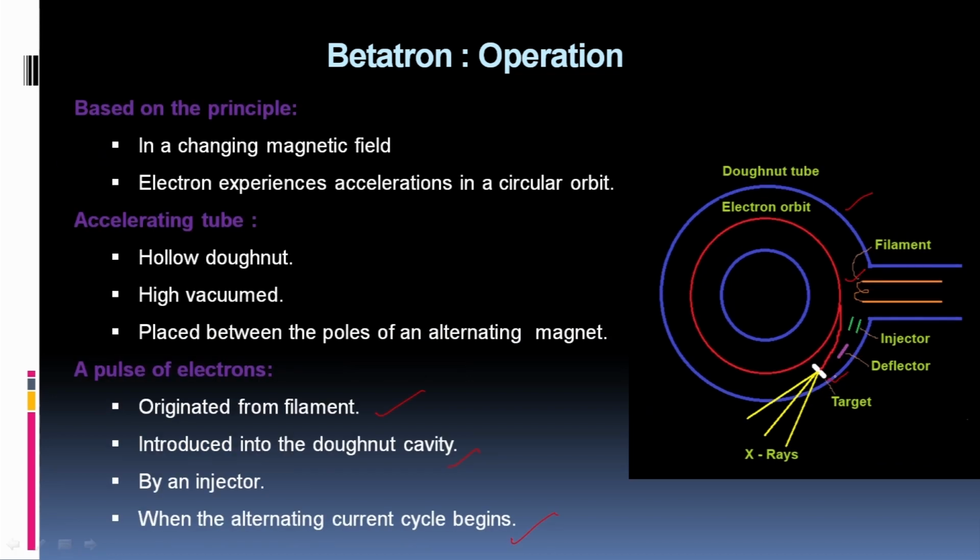So in the betatron, by principle, in a changing magnetic field, electrons experience acceleration in a circular orbit. The accelerating tubes are hollow, donut shaped and highly evacuated, and are placed between the poles of an alternating magnet. A pulse of electrons originates from the filament and is introduced into the donut cavity by the injector when the alternating current cycle begins.